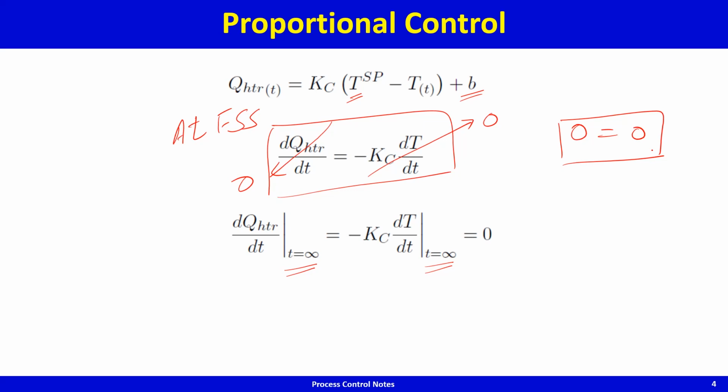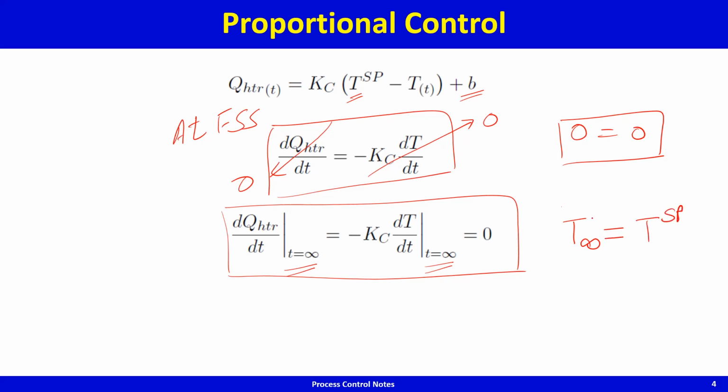The point is, the proportional control law is not imposing any condition that the process variable at final steady state, at infinity, as time has gone to infinity and the process has settled to the final steady state, is equal to the desired set point. There is no such condition imposed by the control law.